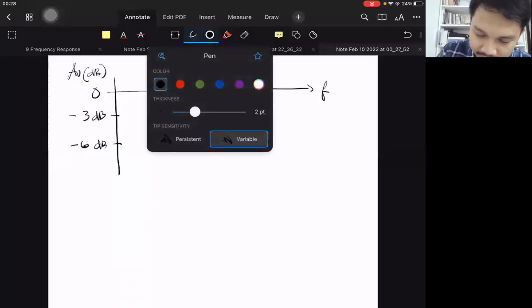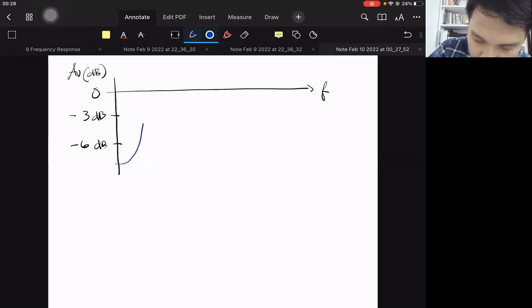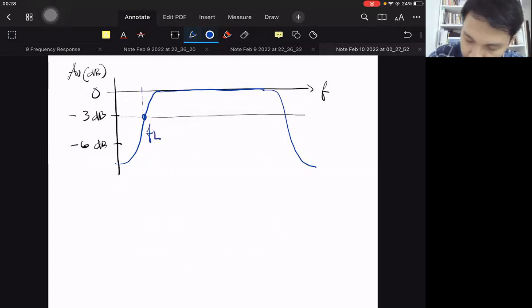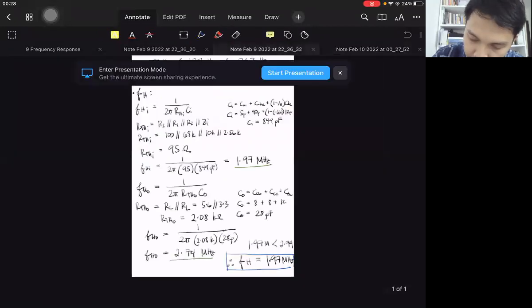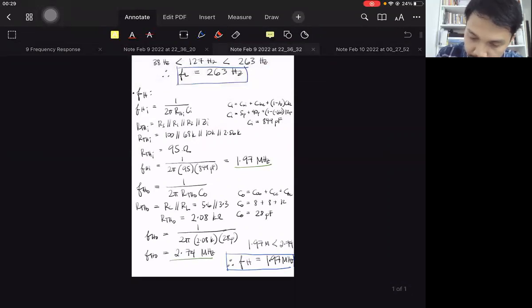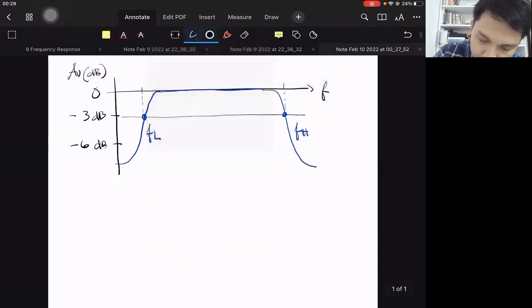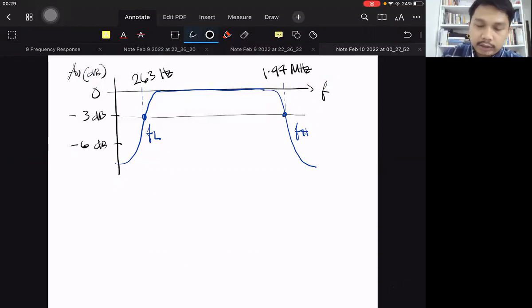Formality only for -6. At -3 we mark our FL and our FH, which are 263 Hertz and 1.97 megahertz.